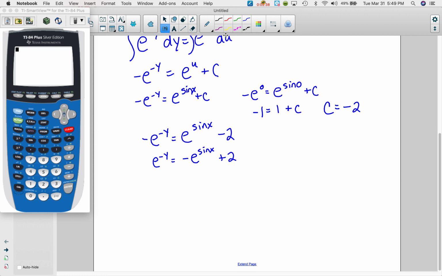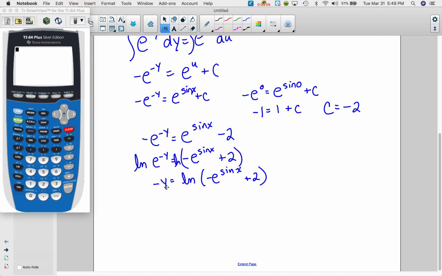And now I'm going to natural log both sides. So we have ln of this whole thing. Then that cancels this out and leaves me minus y equals ln. You can't distribute the ln, remember? So you can't simplify that part.